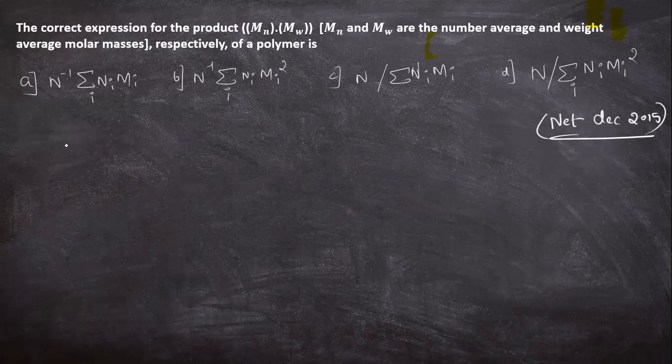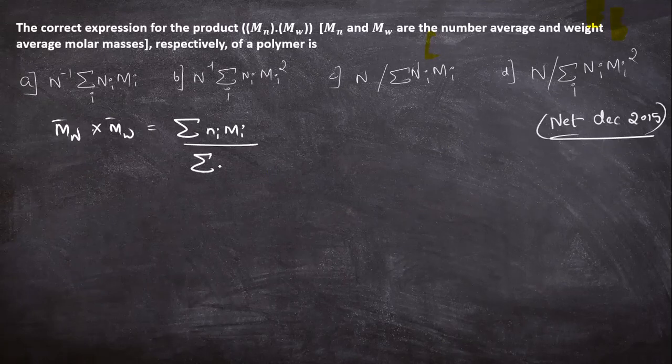Mn is the summation of Ni Mi divided by the summation of Ni, into Mw, which is the summation of Ni Mi square divided by the summation of Ni Mi.